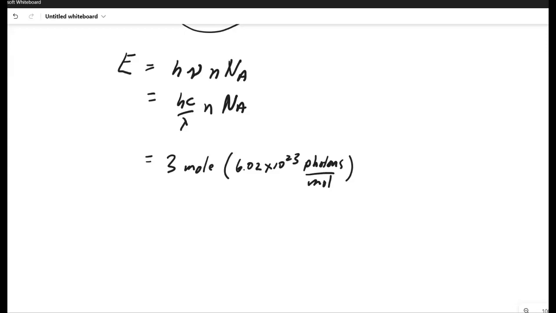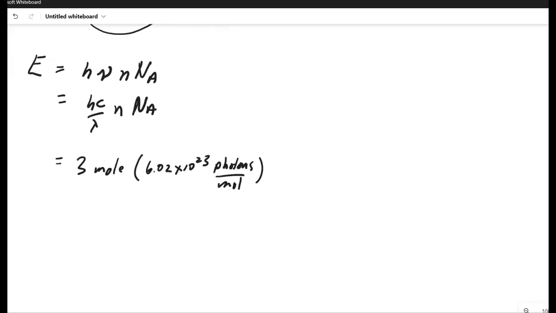I want to get my frequency. First of all, let me put Planck's constant in here. 6.626 times 10 to the 23rd. Oh, I'm sorry, 6.626 times 10 to the negative 34.